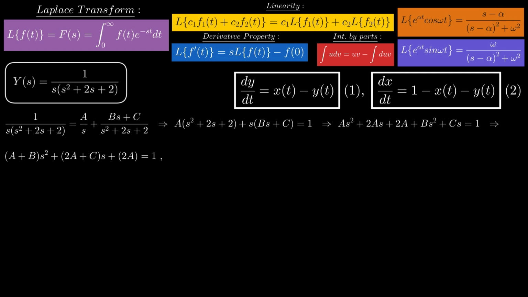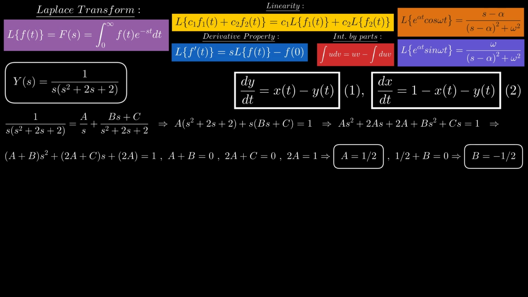And in order for this expression to equal 1, big A plus big B has to be 0, 2 times big A plus big C has to equal 0, and 2 times big A has to equal 1. So big A equals 1/2, and 1/2 plus big B equals 0, so big B is negative 1/2. And we solve for C in the second equation, and we get big C equals -1.